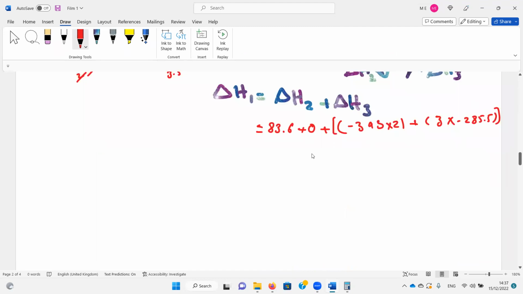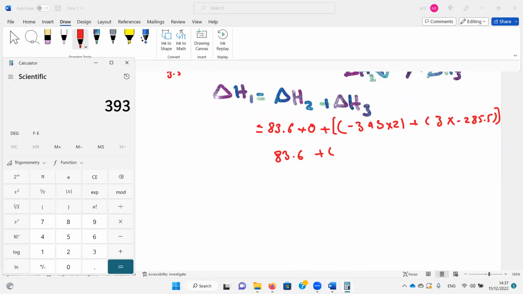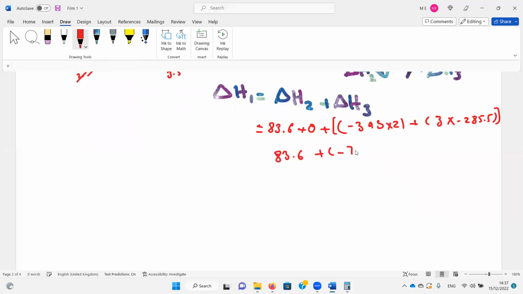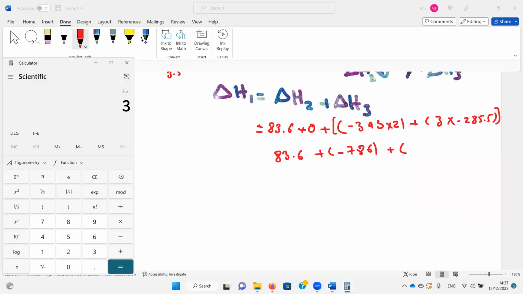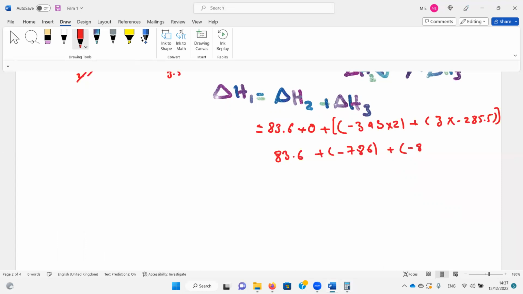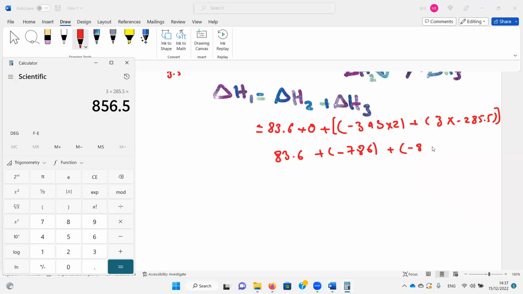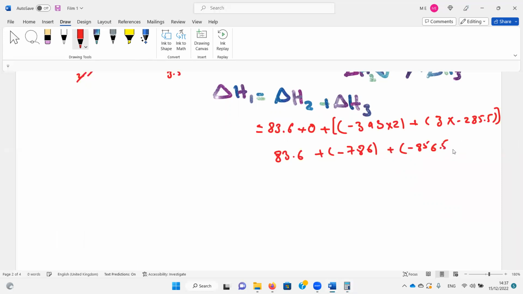So here we got 83.6 plus 393 times 2, that is minus 786, plus 3 times 285.5, that is minus 856.5.